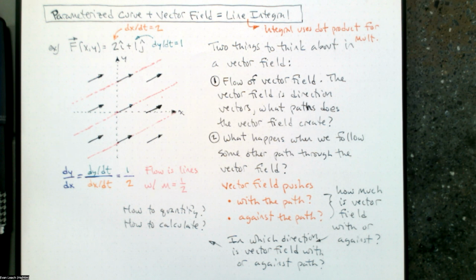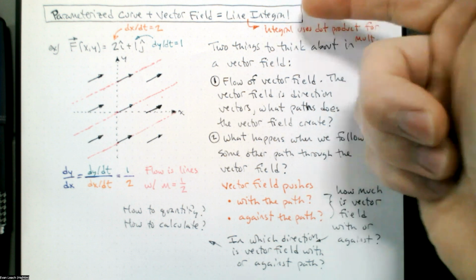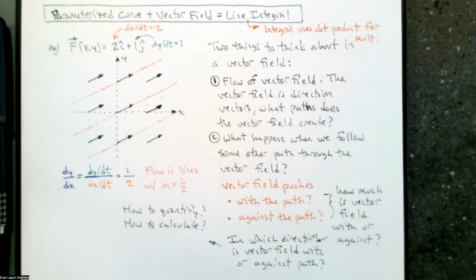But if we upgrade one of our factors from constant to continuously variable, then we have to get into integration. That's all we're doing. It's still integration like we always think about it. Just now our multiplication is dot product because our factors are vectors.